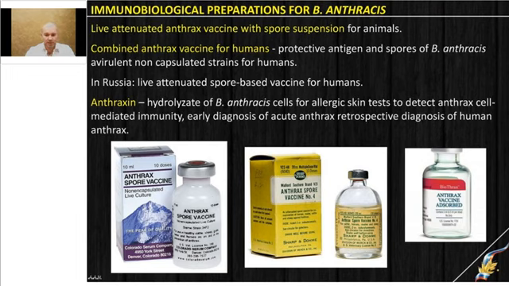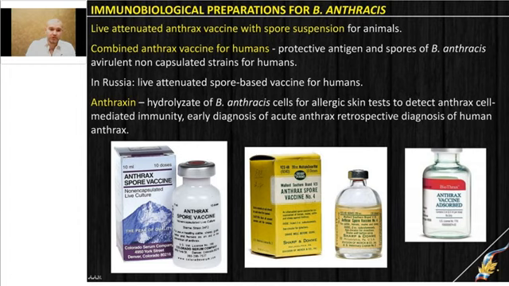In the case of zoonotic infections, we have a common type of test, the cutaneous allergic skin test, to detect cell-mediated immunity against the disease. Usually that diagnosticum, that allergen, is named by the name of the bacteria. So in the case of anthrax, Bacillus anthracis, that allergen is named anthraxin.